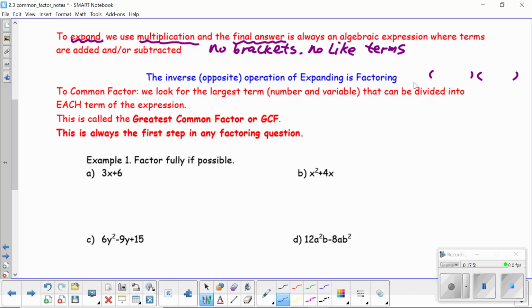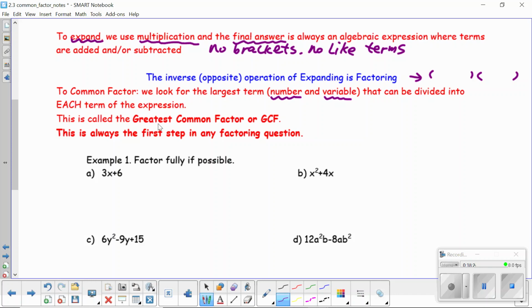And for factoring, you have brackets times brackets. Each bracket is a factor of the original expression. To common factor, we look for the greatest term, both numbers and variables, that can be divided into each term of the expression.